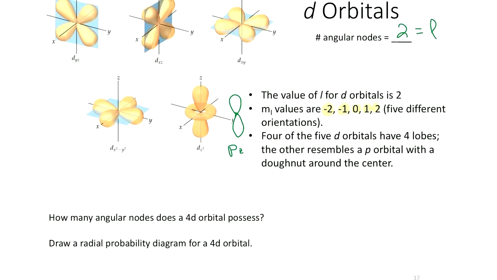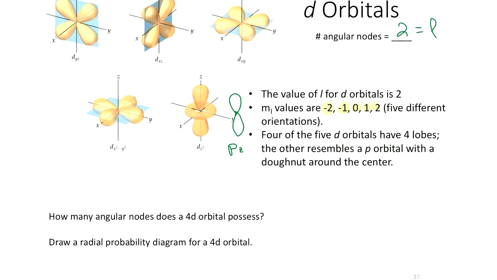How many angular nodes does a 4d orbital possess? 2 again, because angular nodes relate to the L value, so L equals 2 angular nodes. Now let's draw a radial probability diagram for a 4d orbital.